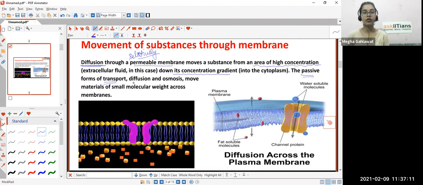Then we have diffusion and osmosis. Diffusion I've already explained to you. Osmosis, let me explain again. Osmosis is the movement of water particles or solvent particles from their higher concentration to their lower concentration through a semi-permeable membrane.